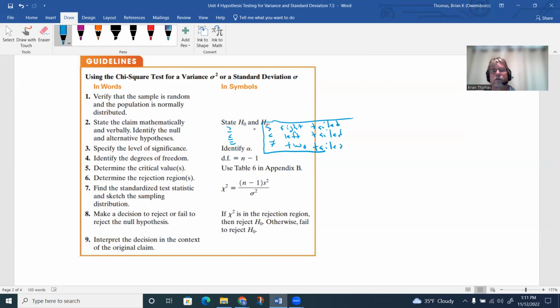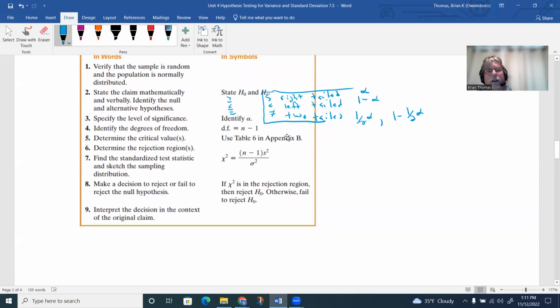Remember, for level of significance, here we would have alpha. Here we'd have 1 minus alpha. And for two-tailed, remember there's two situations. One half alpha is one of them, and then 1 minus 1/2 alpha is what we use to get the other critical value.